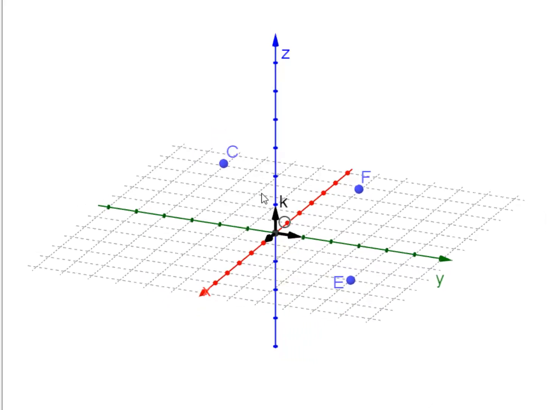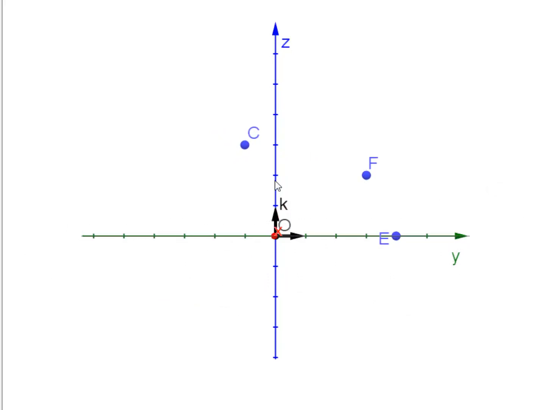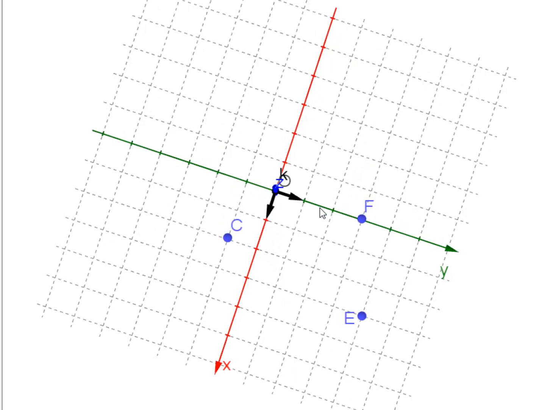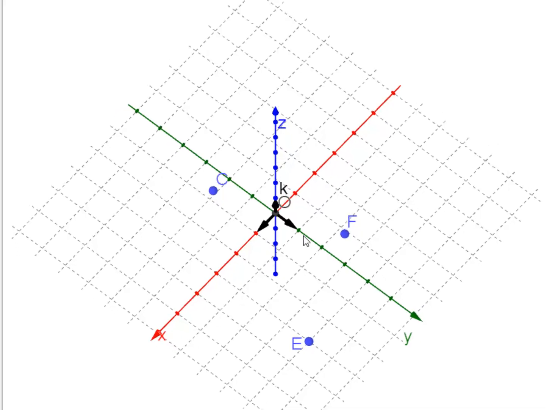If I needed to find the components of any point in the yz plane, then its abscissa would be equal to 0. Finally, if I want to find the components of a point in the xy plane, then its elevation z is 0. Now, don't be confused. E, F, and G are not on the xy plane, but only the perspective here makes it look so.